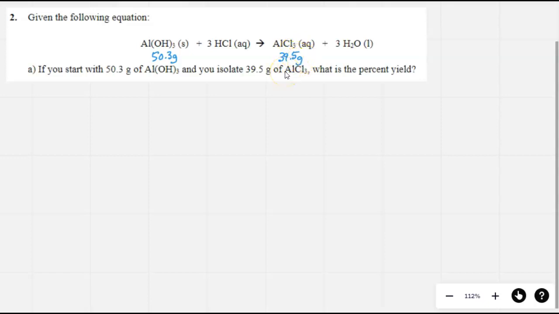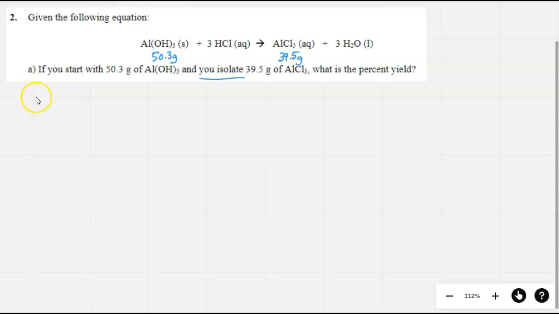So is that my theoretical yield or my actual yield, the 39.5? It says you isolate. Well, theoretical is what we have to find using stoichiometry. Yeah, this is what I actually got in the lab. I know it's tricky sometimes getting those terms straight.